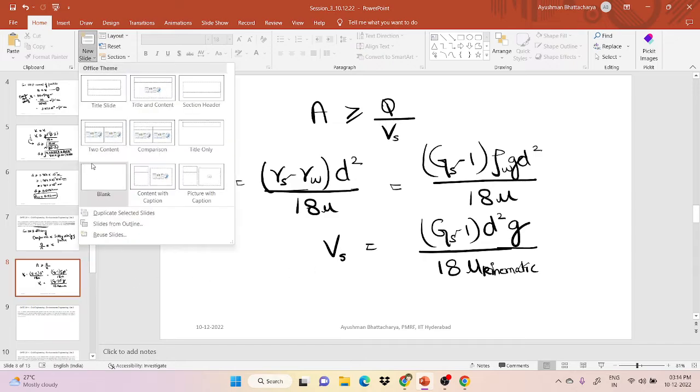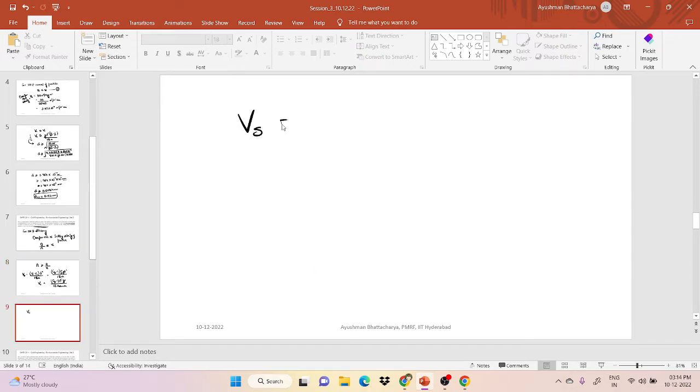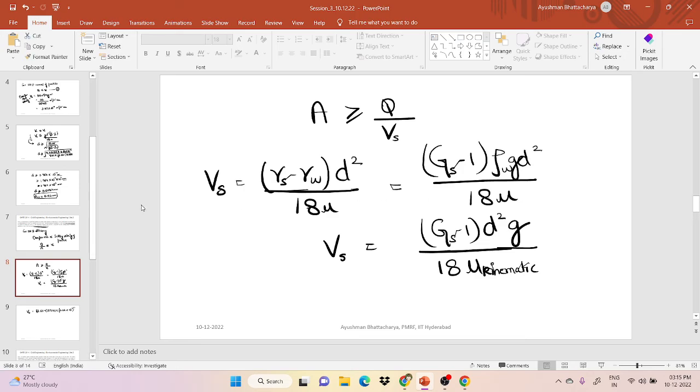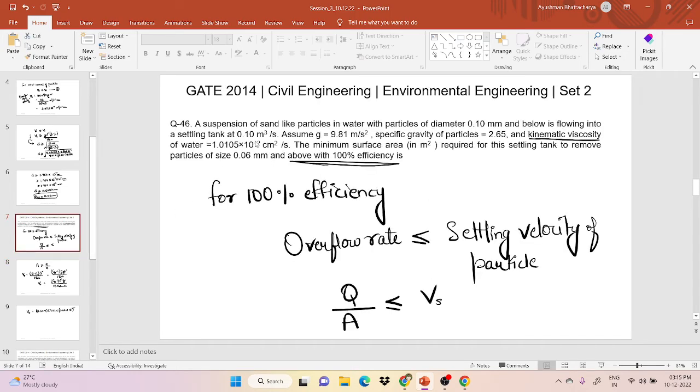Once we substitute the values, Vs is equal to 2.65 minus 1, into 9.81, the acceleration due to gravity, and 0.06 into 10 to the minus 3 whole square. We substitute the value of d, the particle size, which is 0.06 mm.